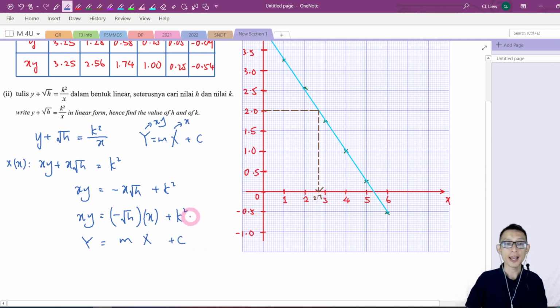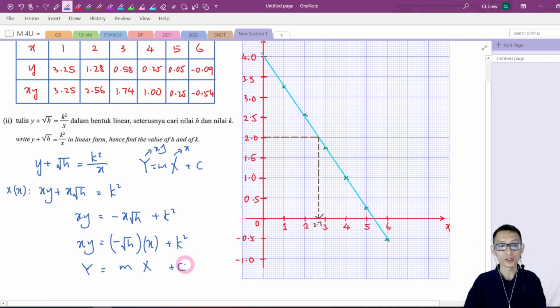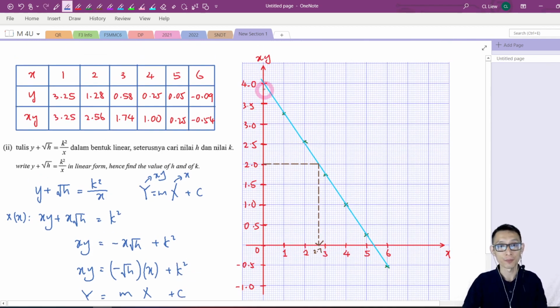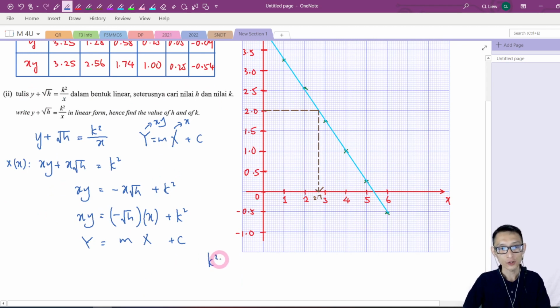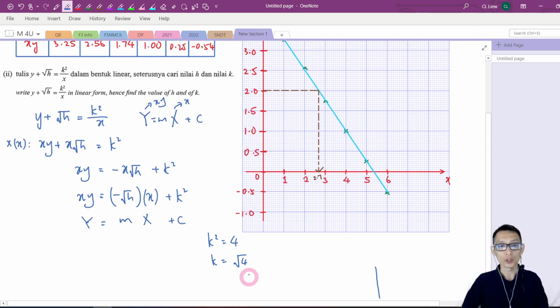Let's find k squared first. So this k squared is the c, it means the intercept for the xy axis. So according to our graph it is 4. k squared is equal to 4. So k is equal to square root of 4. But the given answer is only this, k is equal to.